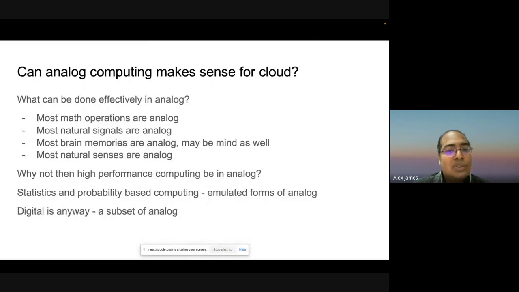Now, another question one can think about is, okay, near sensor makes sense, but what about the cloud? With the cloud, most of the things that you would be doing involve some kind of computation or some kind of memory access and storage. As for computation, if you look at the implementation, there are so many different ways in which you can implement a multiplication in a digital system.